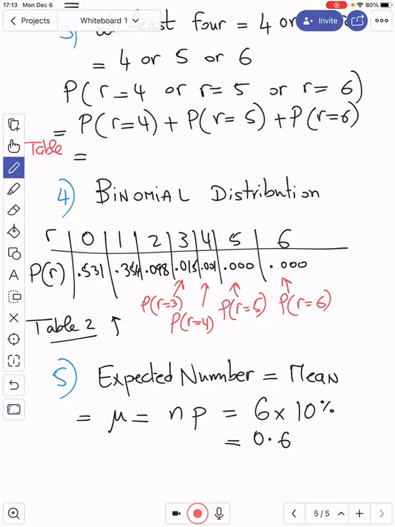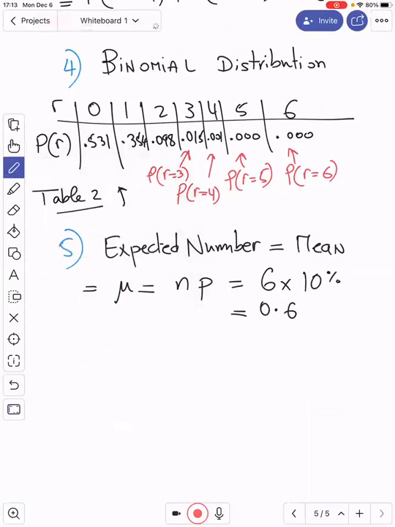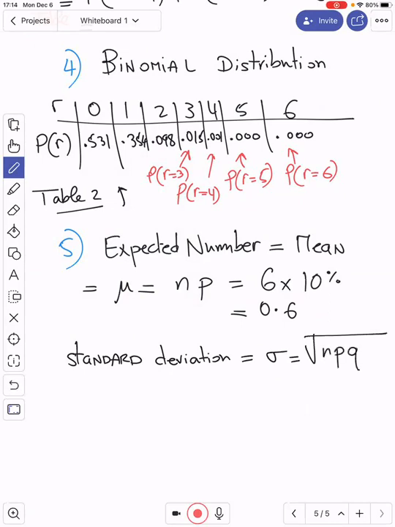Now there's the standard deviation of the distribution. So this is, again, a binomial distribution. So the standard deviation, just to remind you the formula, sigma, is equal to square root of n times p times q. Where q, that's the probability of failure.